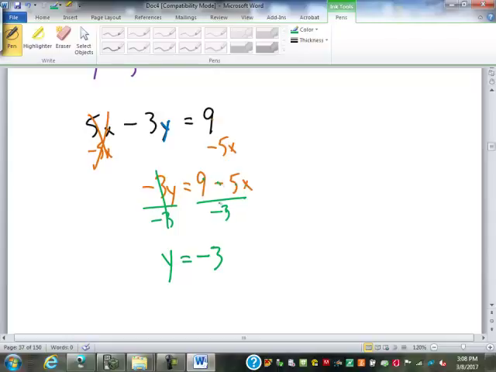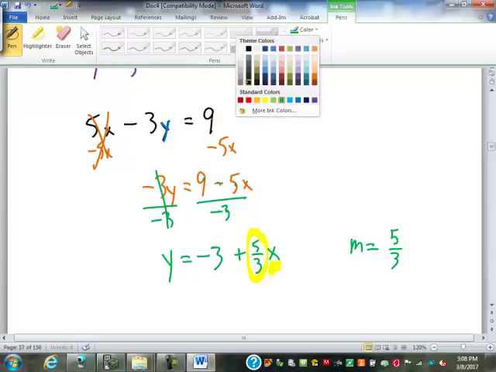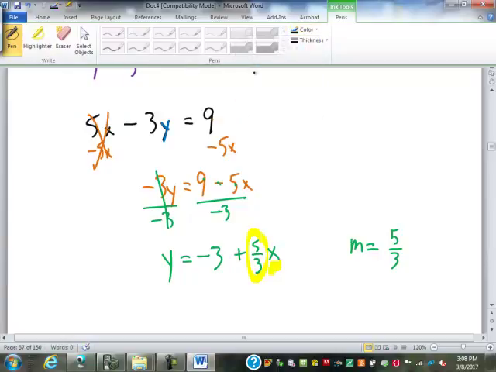Well, first of all, negative divided by negative is positive 5/3, which is just 5/3 x. So the slope is, careful, 5/3, good. No matter what order they're in, the slope is always the number that multiplies the x.